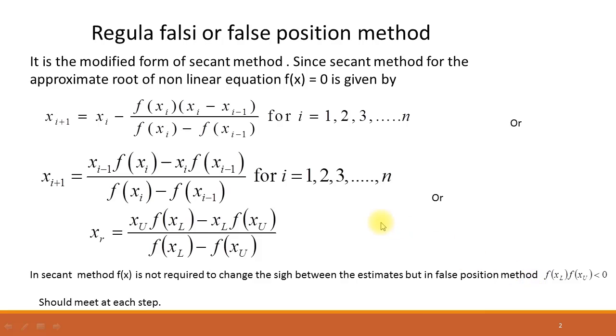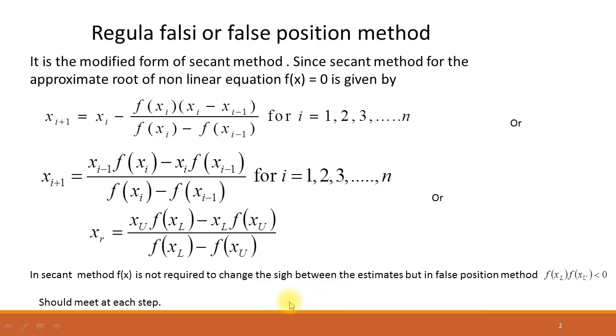So this is the main difference between the secant method and the regula falsi method. For both methods the formula is similar, but in the procedure there is one difference between the secant formula and the regula falsi procedure. For the secant method, the function is not required to change sign between the estimates.